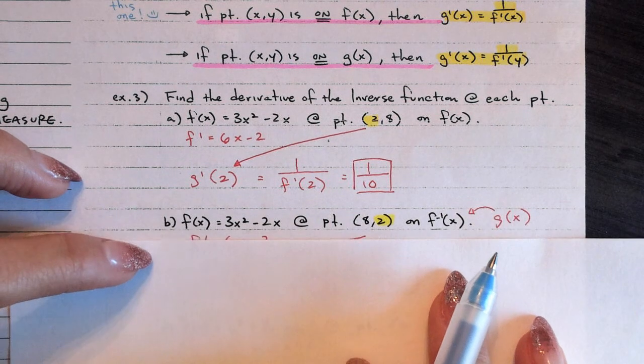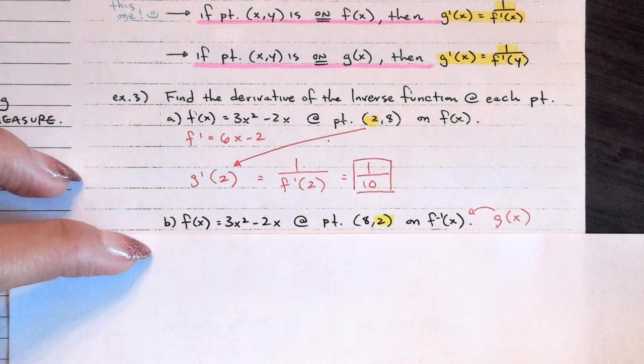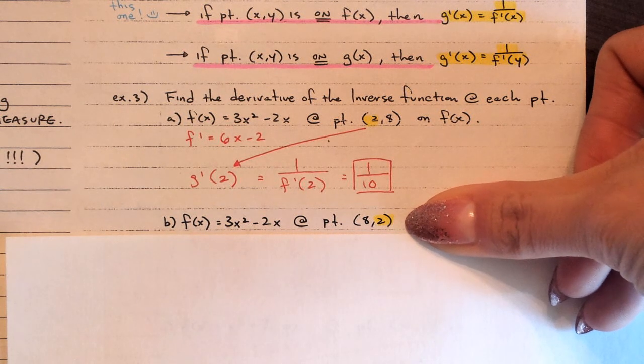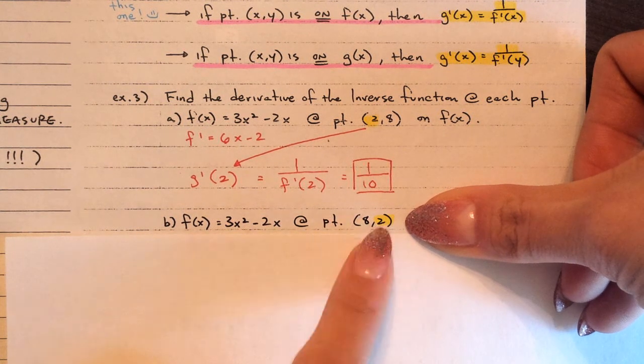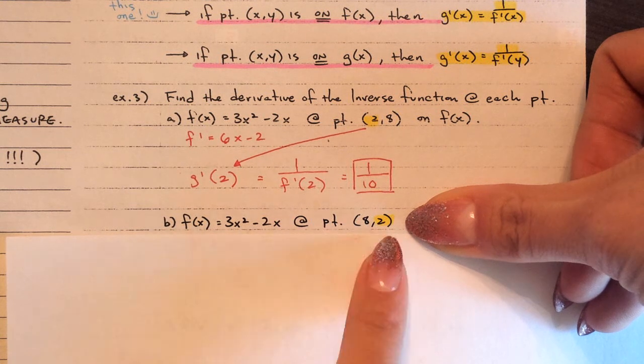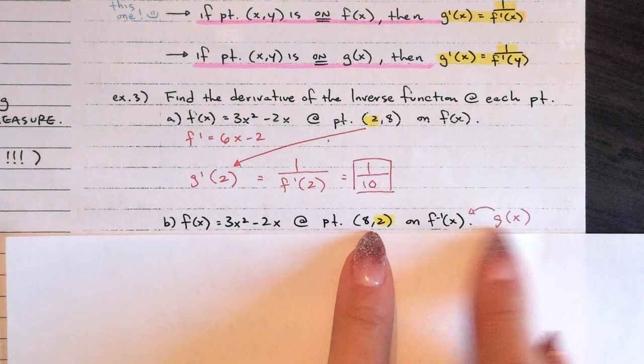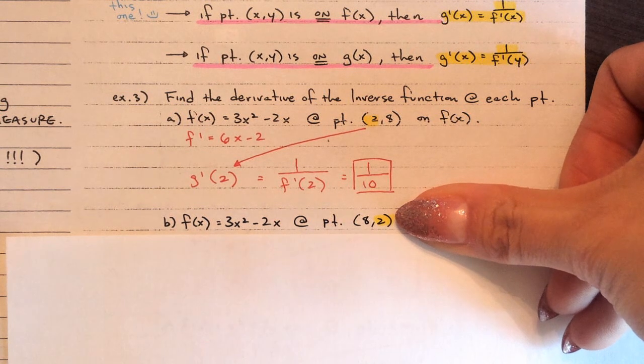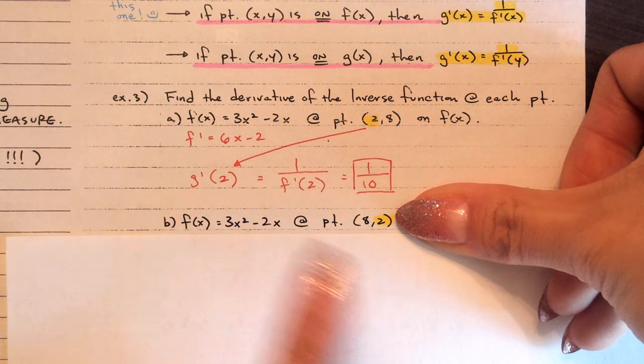Okay, so another example. Similarly, let's say you have this, and they don't tell you this part. How do you know what to plug in? Well, this is your point. Let's say you don't even know what that means. But then again, if you plug in 8, do you get 2? No. If you plug in 2, do you get 8? Yes.